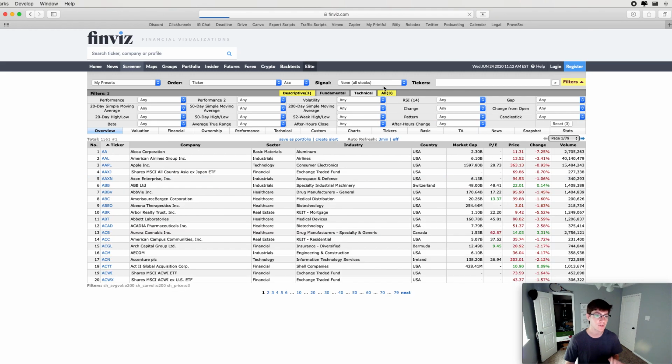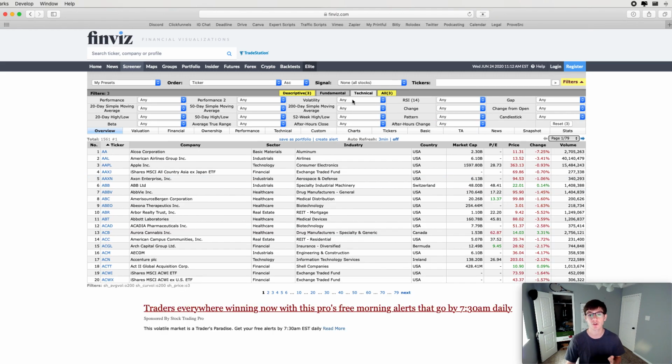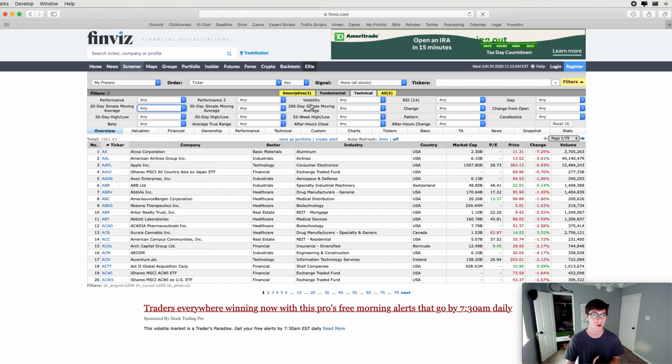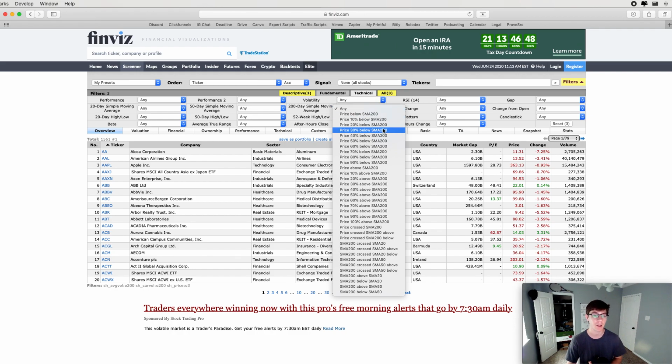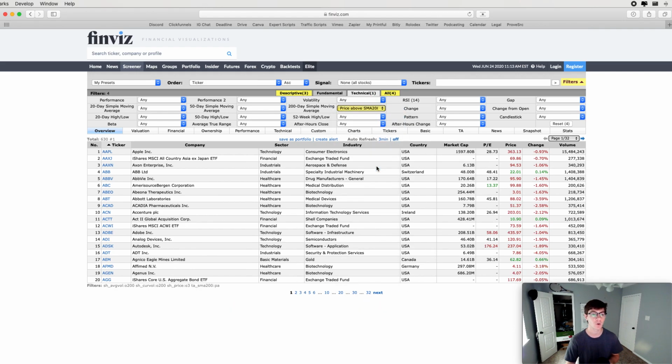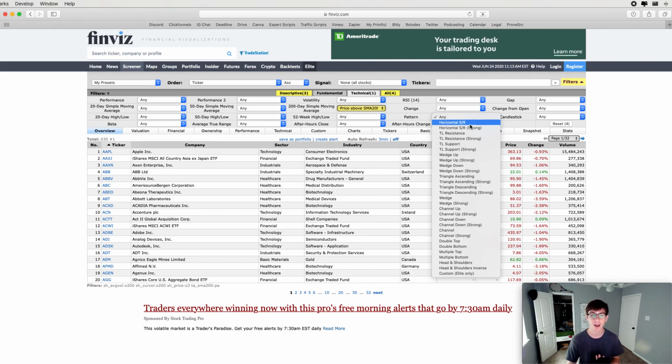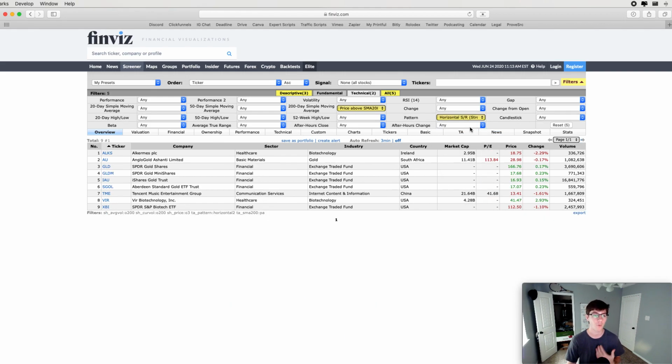So if I get rid of this, we can actually start to play with other things, like the 200-day moving average. So we can say if it's above it, if it's not, because as we know, moving averages really do show the trend. And what I love is that they also have the 200-day moving average. So I can be like price above the 200-day moving average, and then I can also go into a pattern and find a horizontal support and resistance strong.